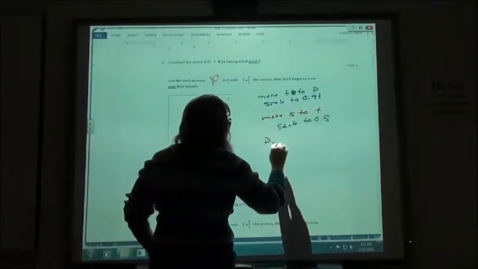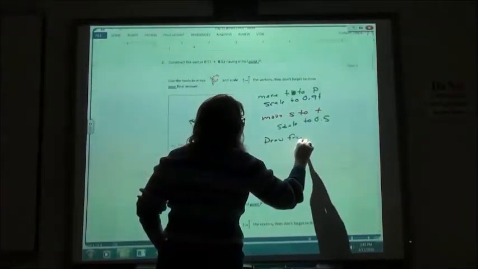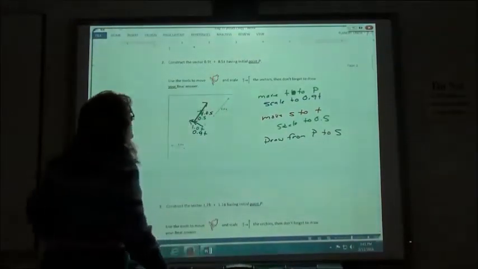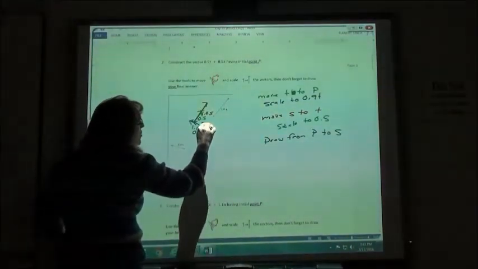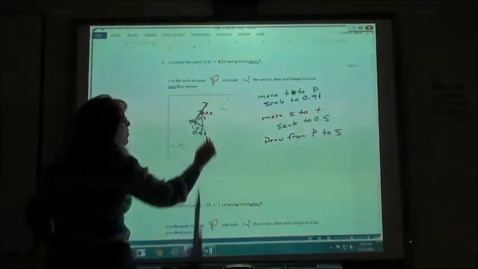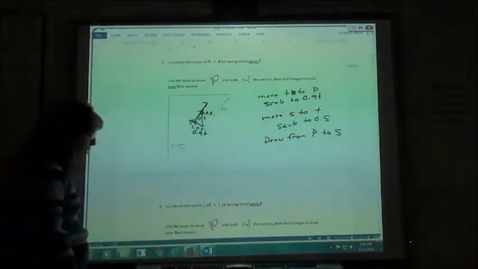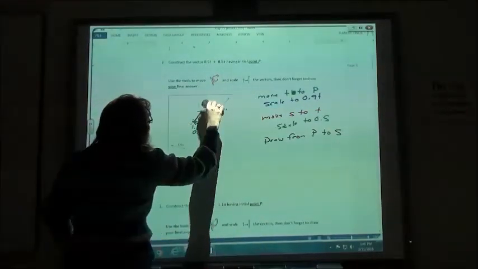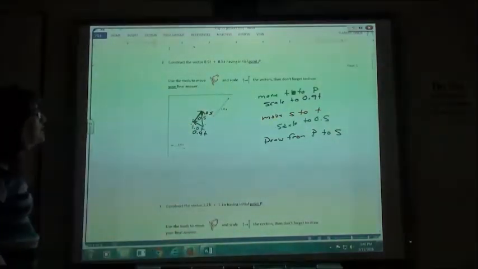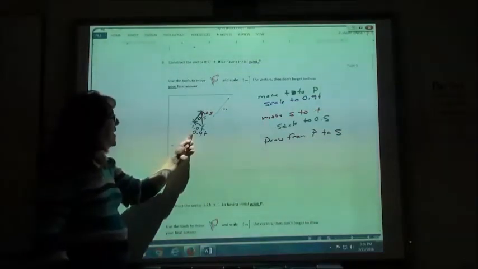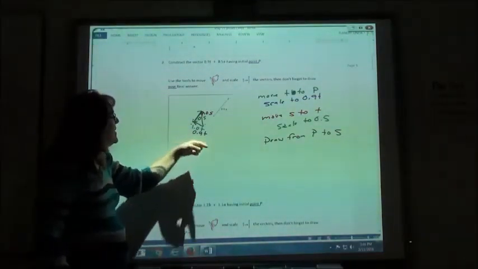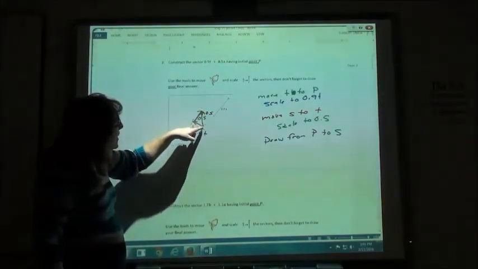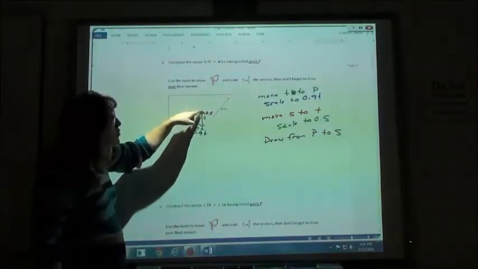Then I'm going to draw from P to S. So point P to the end of S would draw right here, and that's going to be my triangle there. My little extra marks where I scaled are not really going to show up there, and it's going to look something like this. This side will be labeled 0.9t, this side will be labeled 0.5s, and then I have my vector drawn from P to S.